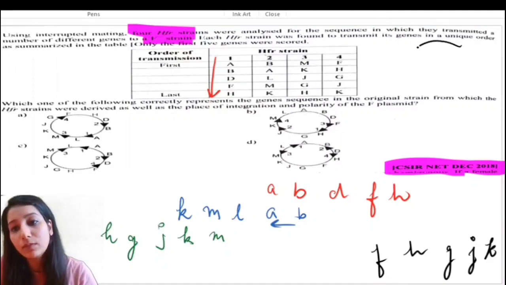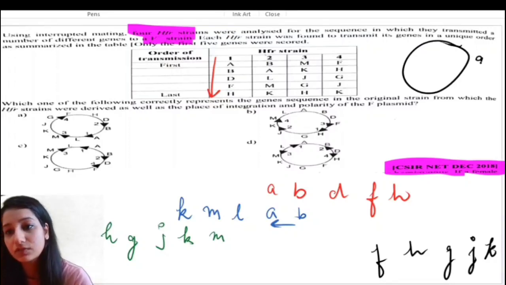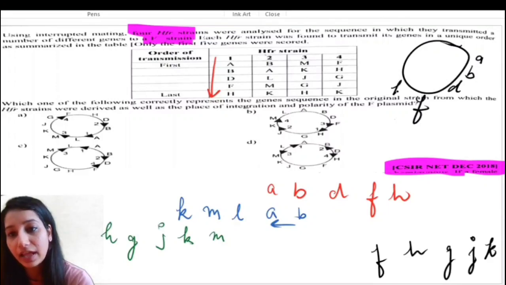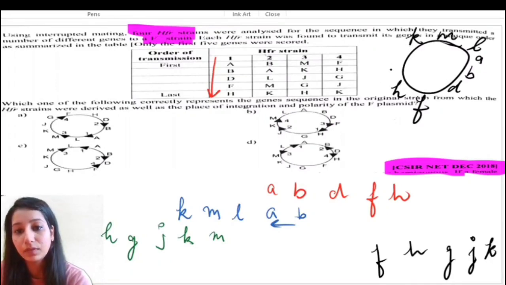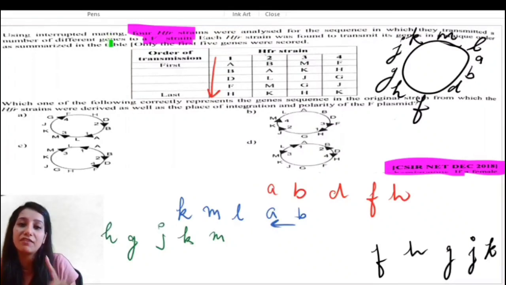So we'll make a gene map according to this. Let's first consider the first one, A, B, D, F and H. Now the second one, B, A, L, M and then K. Then the third one, M, K, J, G, H, and the fourth one, F, H, G, J, K. I have said that the F plasmid will be present just before the first gene.